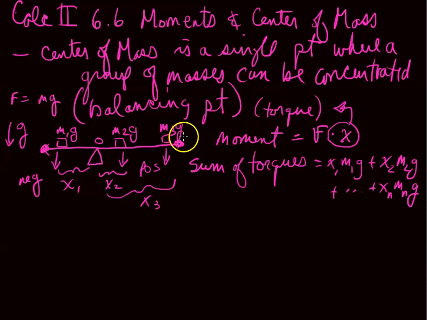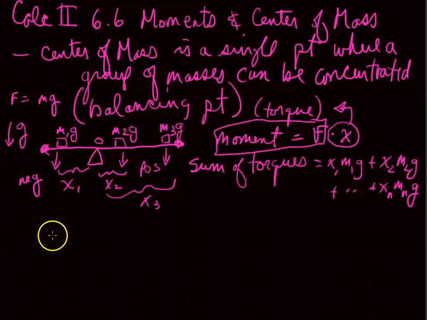The moment is just that force, m sub 3 g, m sub 2 g and so on. The torque is when you multiply by the x. So the moment is just that force, the mass times the force of gravity. Does that make sense? Perhaps I was confusing with that.